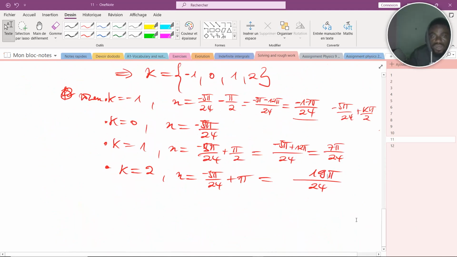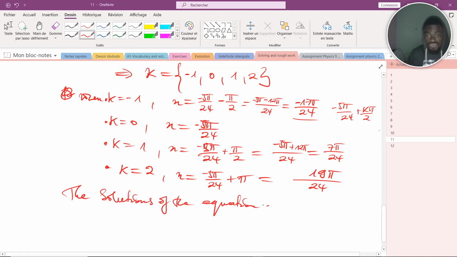Okay, now we have everything. So step 3: the solutions of the equation on minus pi to pi.